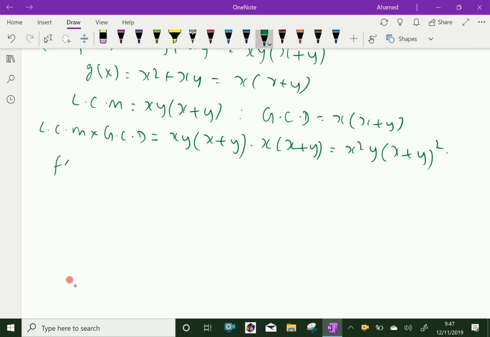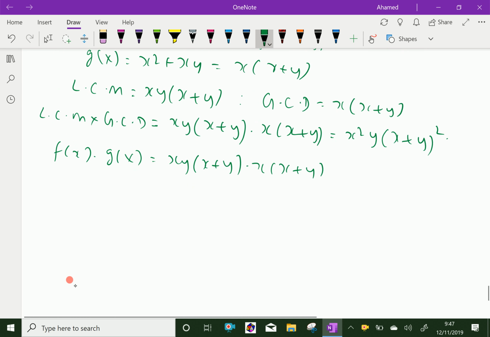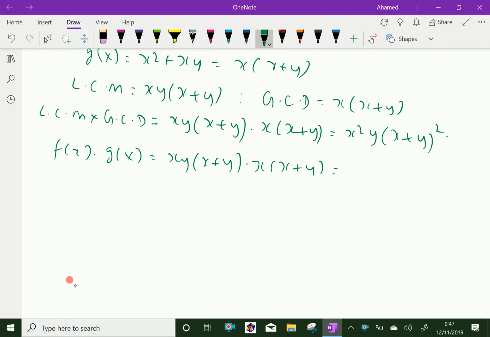Now f of x into g of x. Here f of x is xy into x plus y, into g of x is x into x plus y, which is equal to xy into x is x square y, into x plus y into x plus y is x plus y whole square.